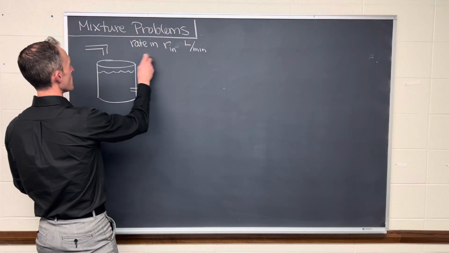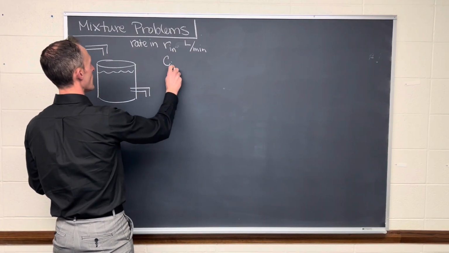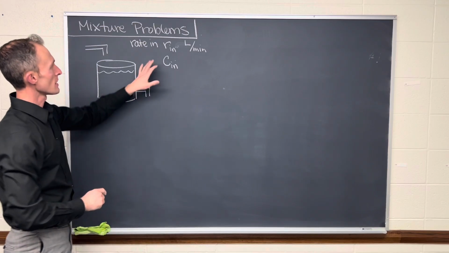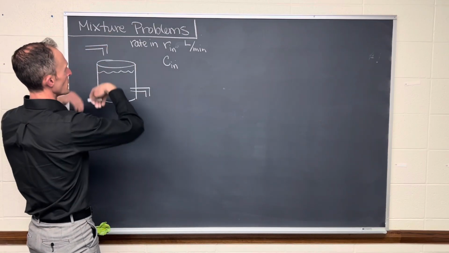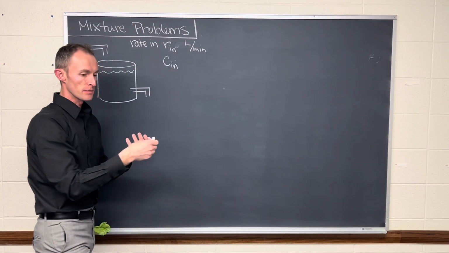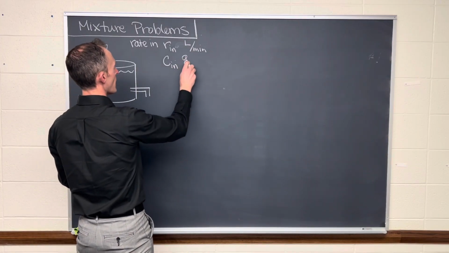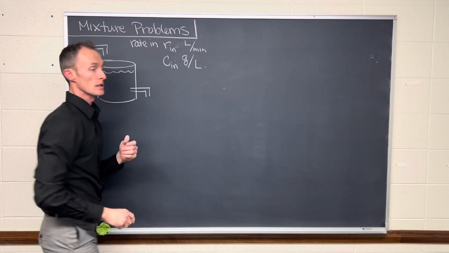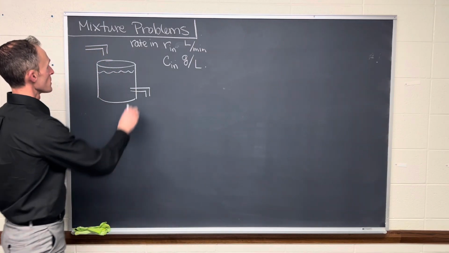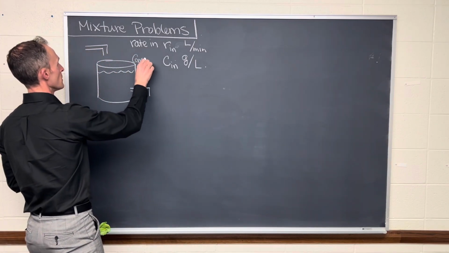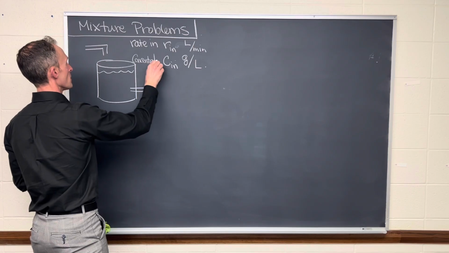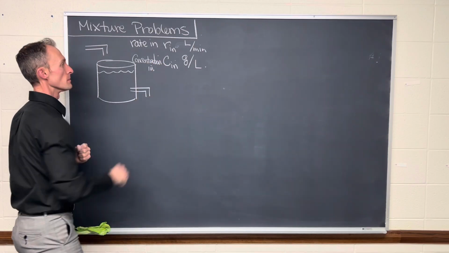So we're going to have the concentration in, C_in. That's the concentration coming into the tank, measured as an amount per volume, say grams per liter. Okay, that's my concentration in.